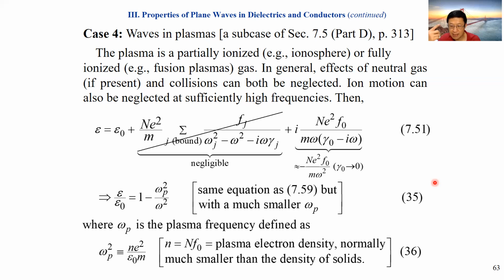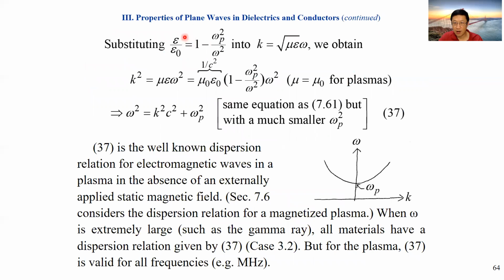N is the plasma electron density, normally much smaller than the density of the solid. Because free charge is relatively small compared with total charge, this part is small. Therefore the plasma frequency is normally relatively small. It's the number density. So epsilon once again is less than epsilon 0.